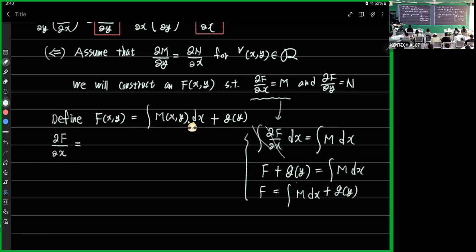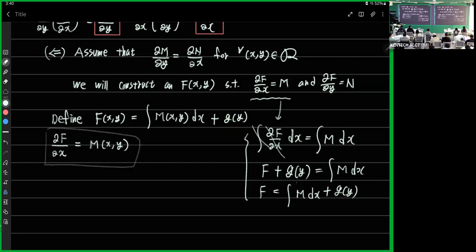Taking the derivative of this with respect to x, the integral will be cancelled out with the partial derivative with respect to x, so m will be left. And then the derivative of g with respect to x is going to be 0 because this is a g of y alone. This is a function of y alone. Okay, so I just proved that.